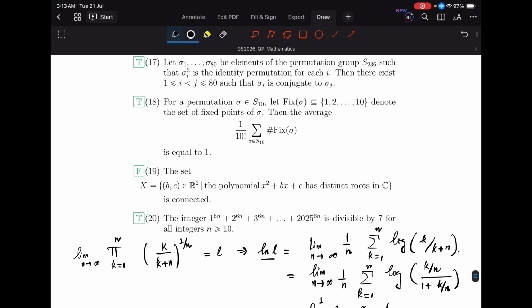Okay, so let sigma_1 to sigma_8t be elements of the permutation group S_236 such that sigma_i cubed is the identity permutation for each i.